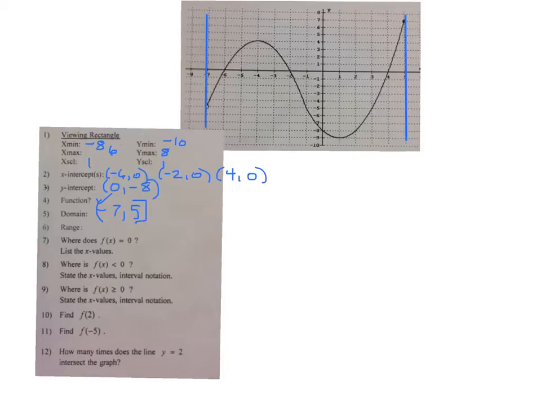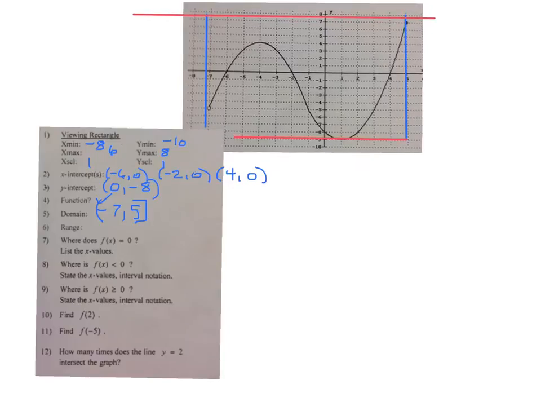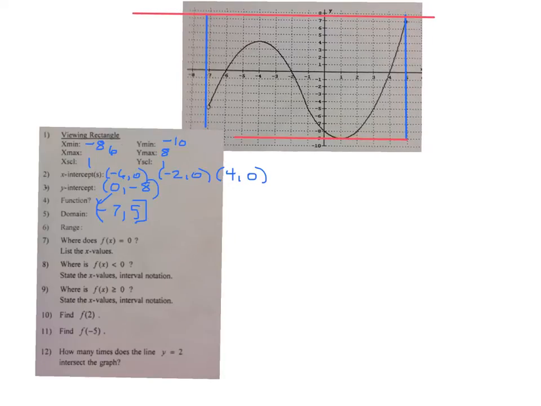My range goes from bottom of the graph to top of the graph. Now be careful, the top of the graph is up here. I think some people would mistake the top of the graph for this section right here, okay?